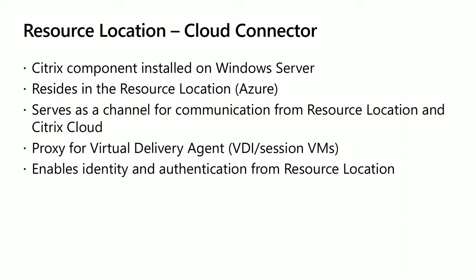If you're going to use WVD entitlement or Windows 10 multi-session, your resource location must be Azure. You can't do that on a Hyper-V cluster you have at home. You can do it with Citrix in general, but you cannot use that specific image. OK? That's the cloud connector. And basically, the cloud connector serves as a communication channel from the resource location to the Citrix Cloud.